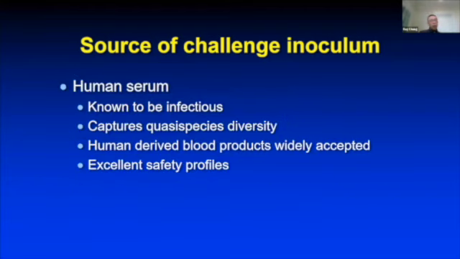We come back, of course, to human infectious serum, which recapitulates all of the essential dimensions of human infection. It captures quasi-species diversity, and is known to be infectious. We have successfully been able to develop human-derived blood products, and this is a widely accepted practice with excellent safety profiles.